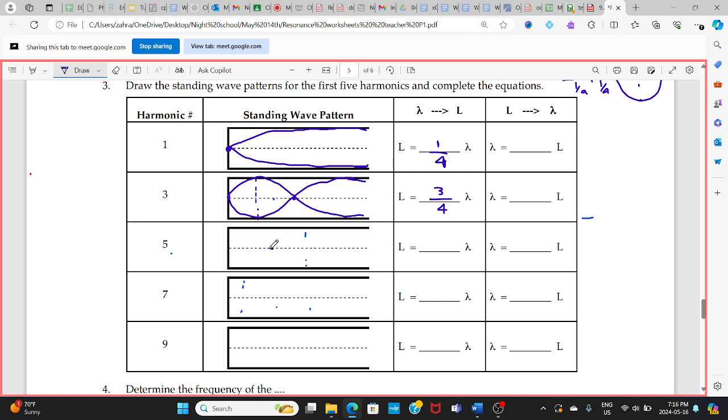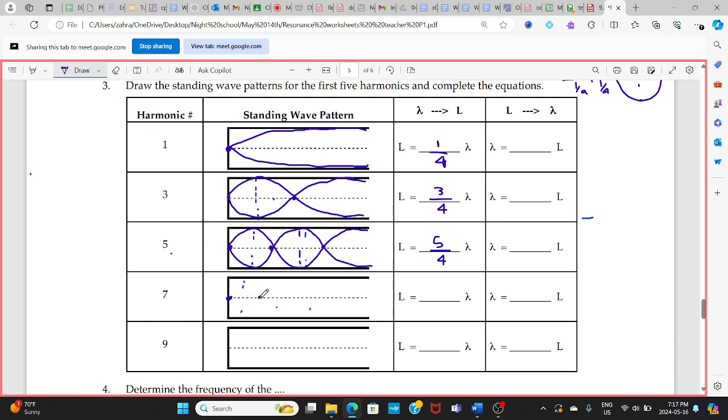For the next one, I will put 2 nodes in the middle. Can anyone tell me how many quarters do you see here? 5/4. Very good. 1, 2, 3, 4, 5. 5 over 4. Thank you.